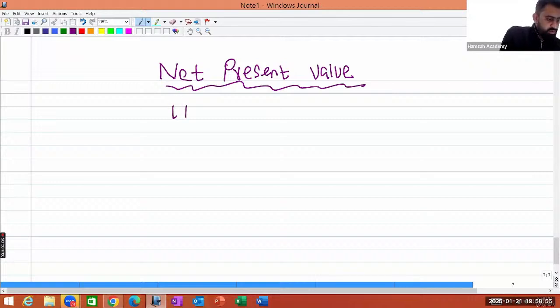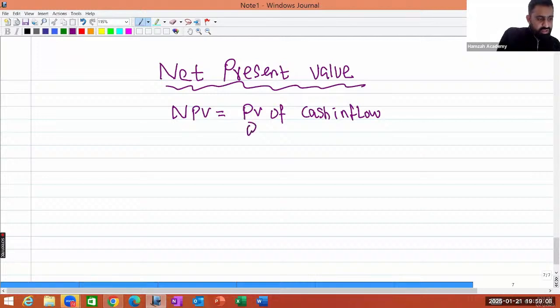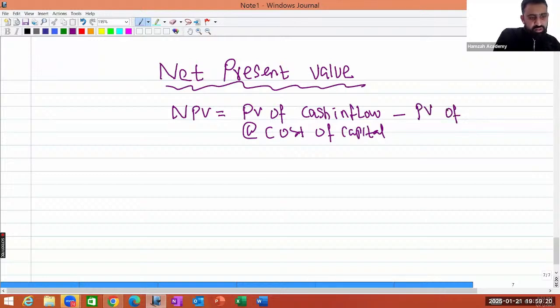In NPV, we just compare the present value of cash inflows at company cost of capital minus the present value of cash outflow at company cost of capital.